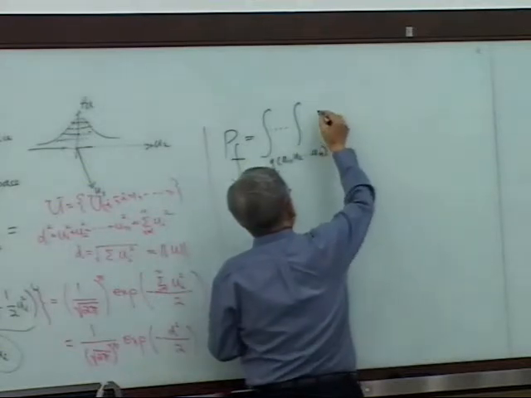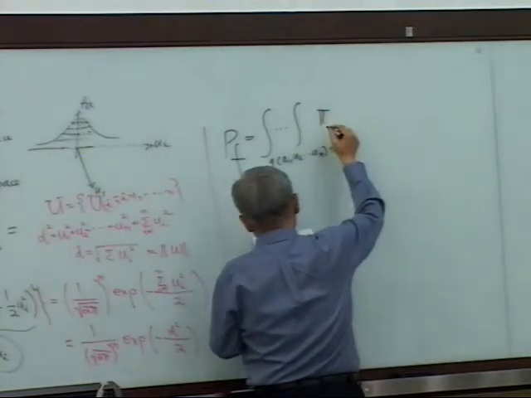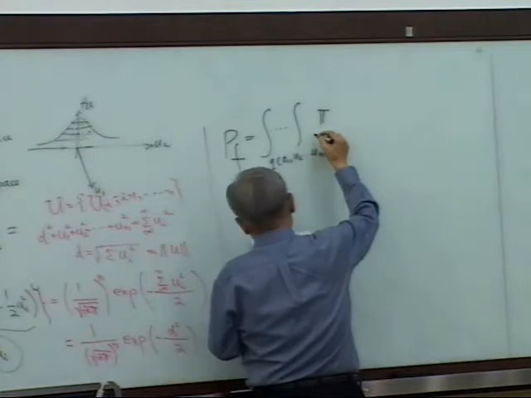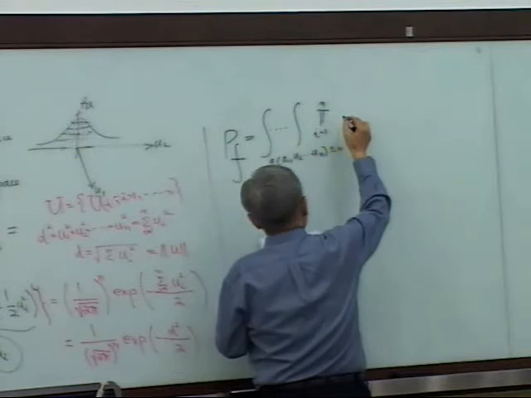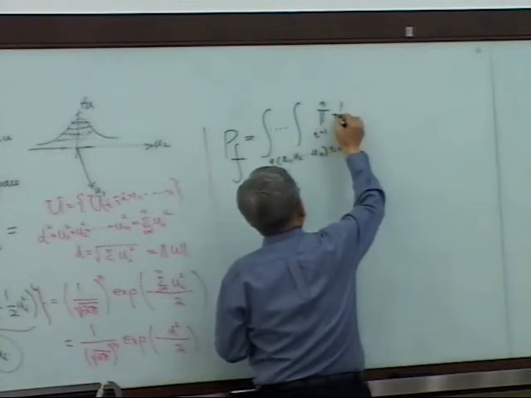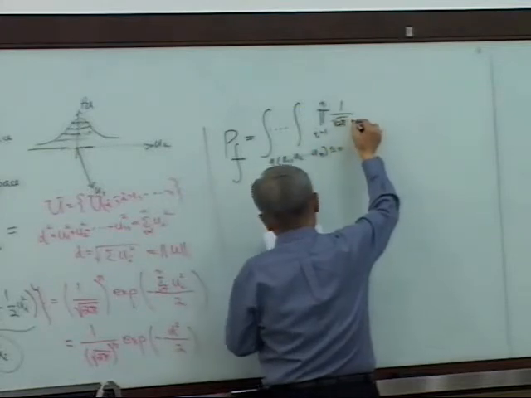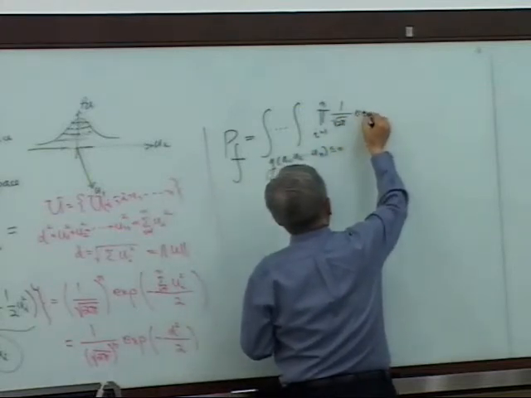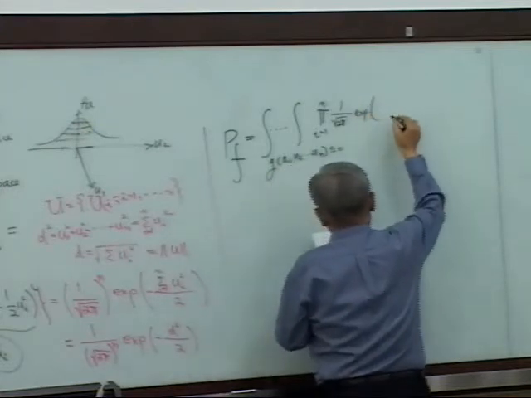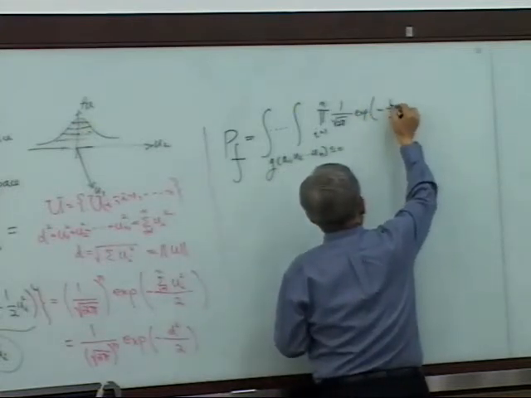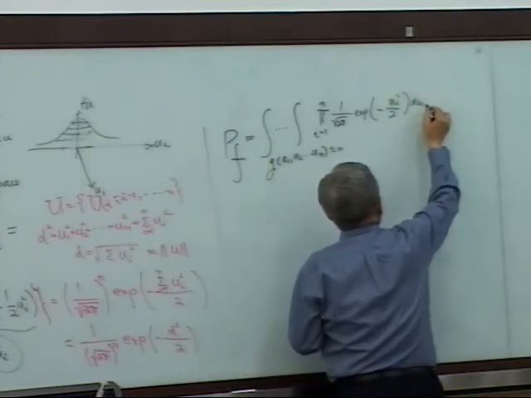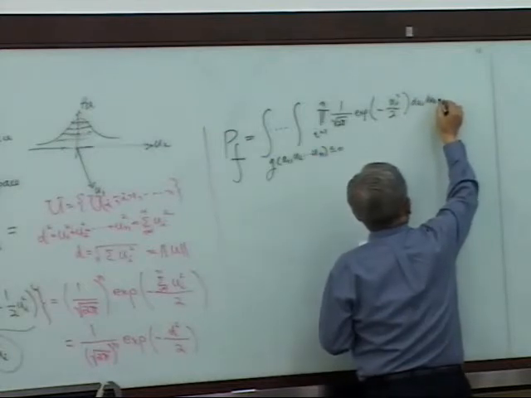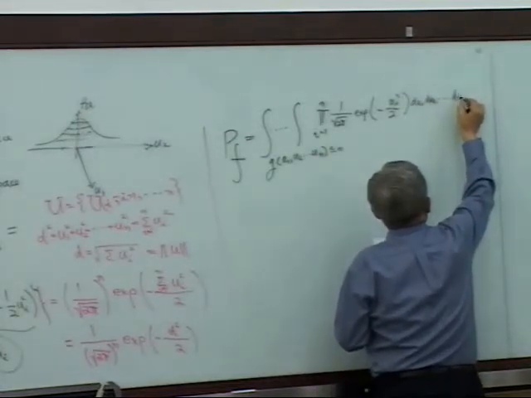And here, this is a pi rewrite, okay? i is equal to 1 through n, and the equation set is 2 pi, same thing here. Exponential function of minus half of ui square, and du1, du2 all the way through dun.